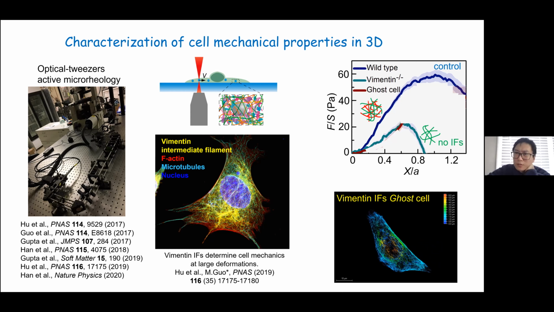All right, so some quick results. When we start to drag particles in these cells, first, what I showed here is the wild type cells with vimentin, and the green is the same cell type, but without vimentin. You can see that when I do the dragging in the wild type cells, the force increases initially because you're deforming more and more material as you move further.